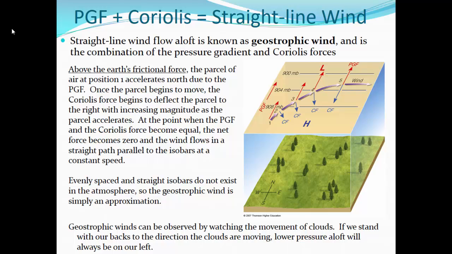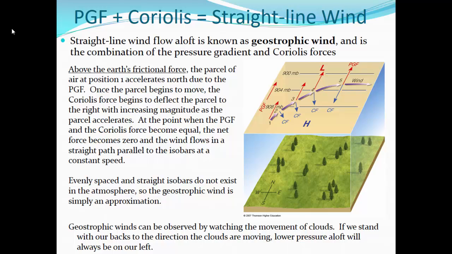A parcel of air at position 1, look at the illustration, position 1, is going to accelerate north due to the pressure gradient force. High pressure to the south, low pressure to the north. And again, the pressure gradient force is at right angles to the isobars. You see the isobars of 908, 904, 900. So the pressure gradient force is and remains from south to north at right angles to those isobars.